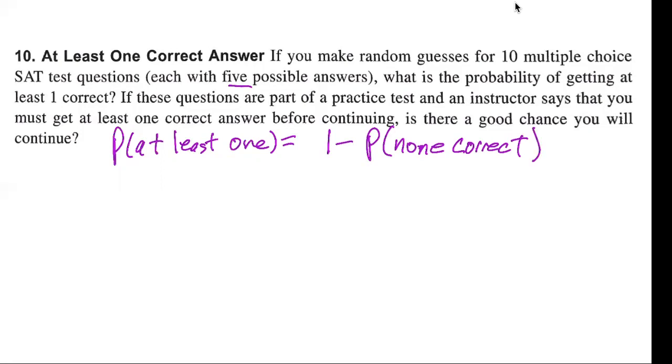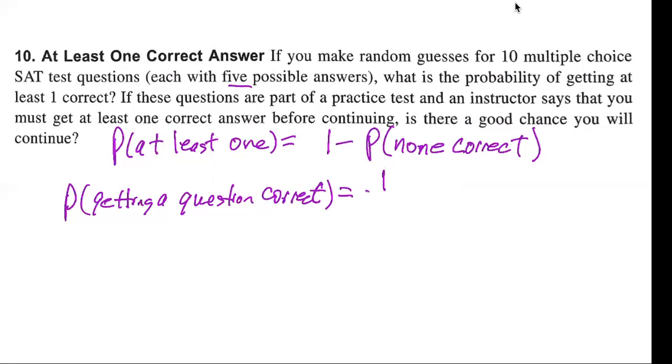Well, what's the probability of getting a question right? Well, if you guess and there's 5 possible answers, getting it correct is 1 out of 5. So the probability of being wrong, the complement of that, is 4 out of 5.